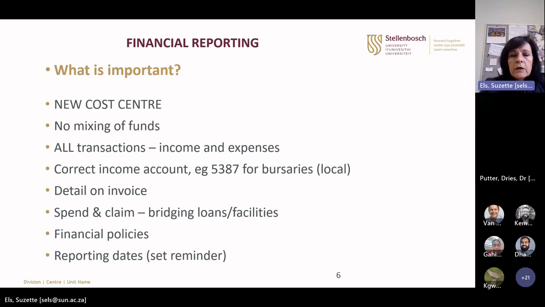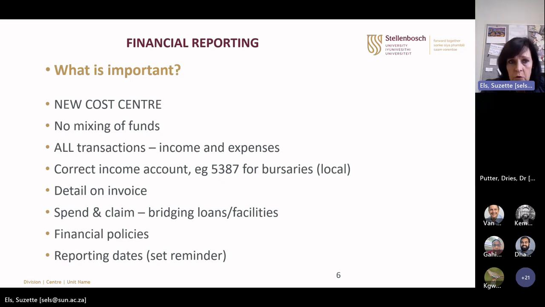So the first thing that you need to know when you close your agreement with the funder is to make sure you have a new cost center for your funds. It is very important that we have no mixing of funds between cost centers or between funders. Your cost center is your bank account.